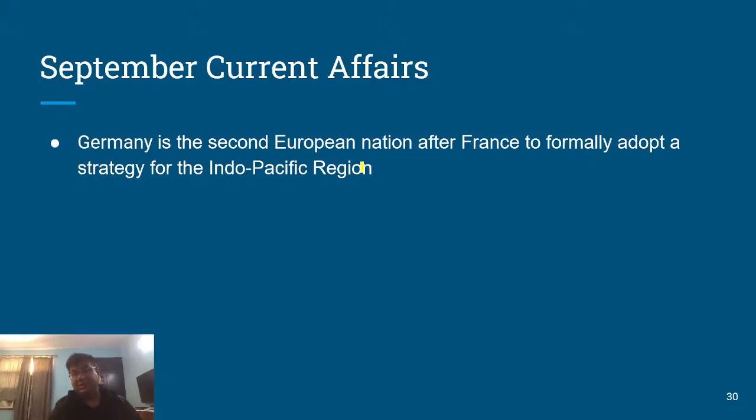Right. So September current affairs, continuing to some more of the miscellaneous content. Germany is actually the second European nation after France to formally adopt a strategy for the Indo-Pacific region.